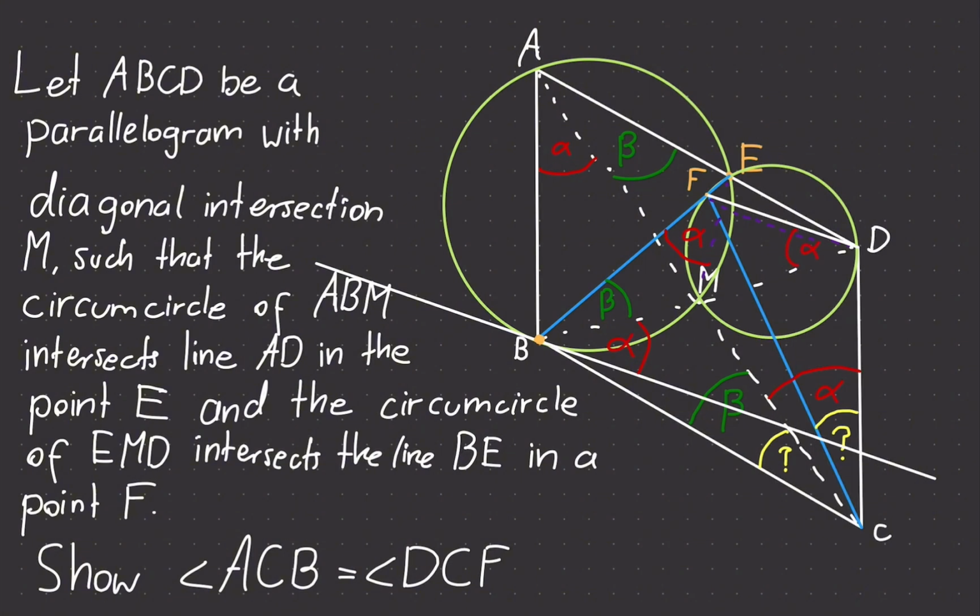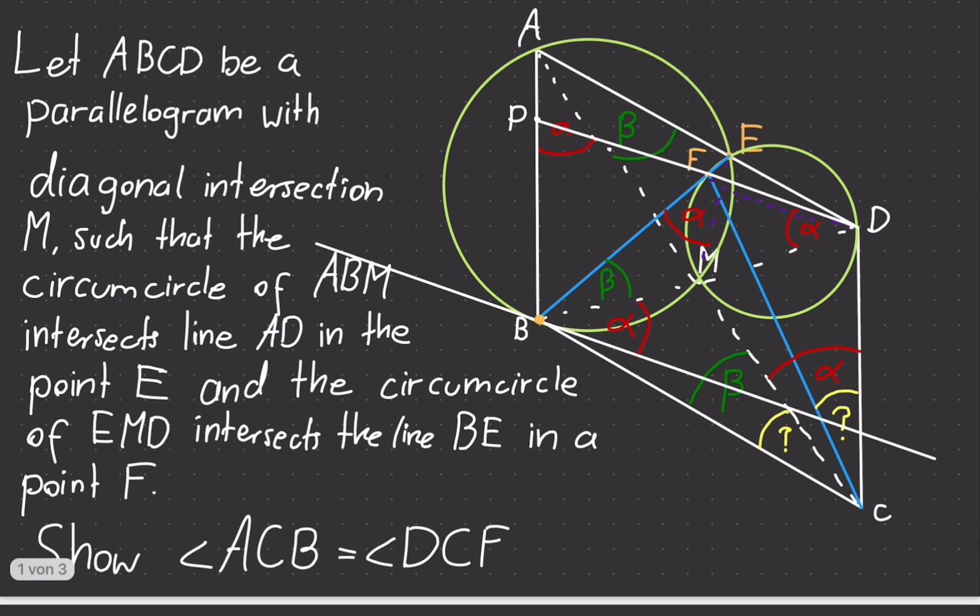All right. So until now, we have just done a bit of angle chasing, making angles equal. And now we're going to extend this line FD a bit further such that it cuts AB. I'm just going to call this point P, whatever, doesn't really matter. But what we notice now is that here we have alpha, and here we have also alpha.